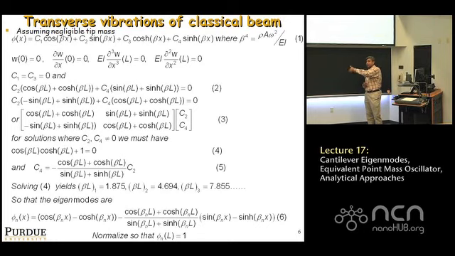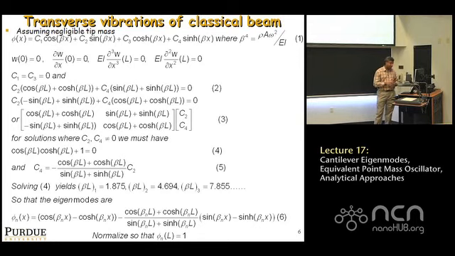There are always a very large number of beta values for which this equation holds, and each beta corresponds to a natural frequency. Okay? It just means that this beam, therefore, supports an infinite number of discrete frequencies at which it has this characteristic shape. It's a resonance, okay?